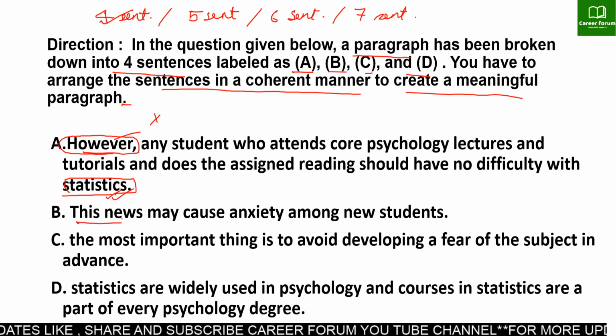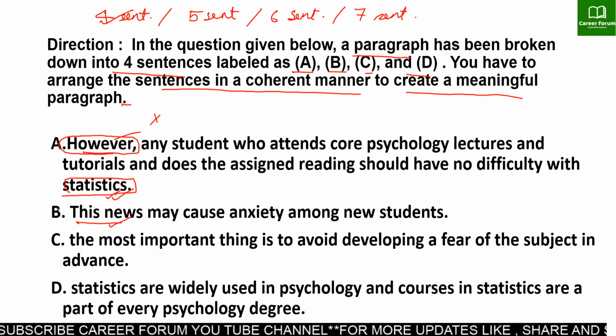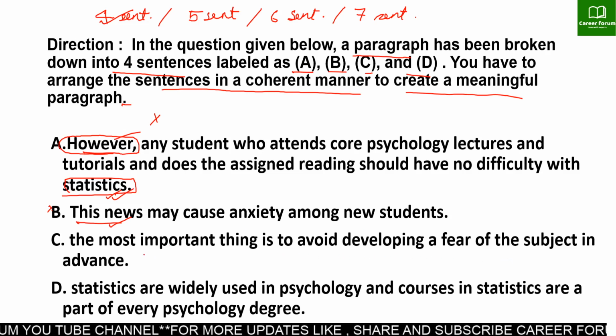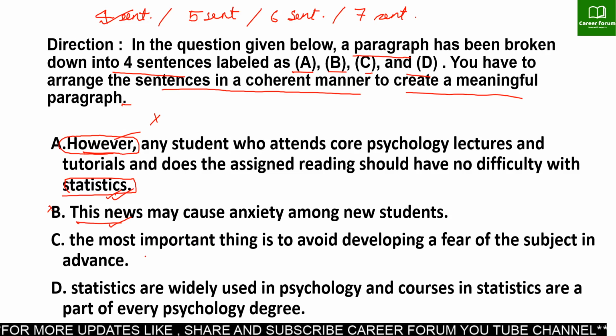This news. So important is to think which news the sentence is talking about. We don't have any idea, so this can't be the first sentence. Next is the most important thing is to avoid developing a fear of the subject in advance. This seems to be first, but not necessarily, because this has not mentioned anything about statistics.